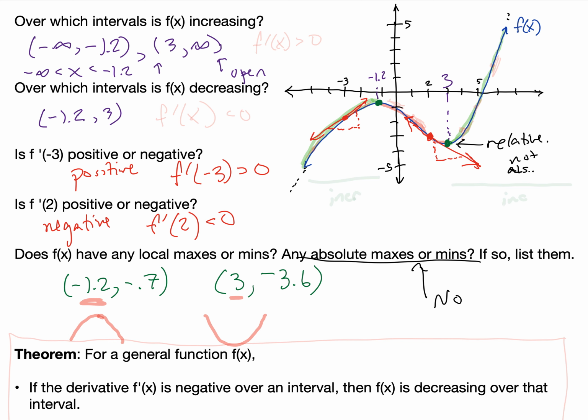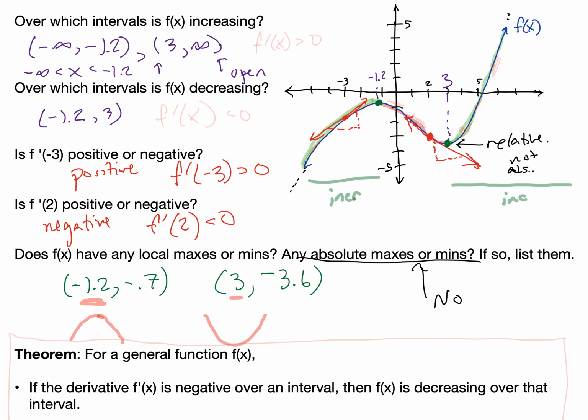So there's no one single output that is greater than all of the outputs or smaller than all of the outputs. Now, what can we notice about when the derivative is positive or negative and the situations where f of x is increasing or decreasing? Over all these green pieces, the function is increasing. Over this whole interval right here, the function is increasing, and over this whole interval over here, the function is increasing.